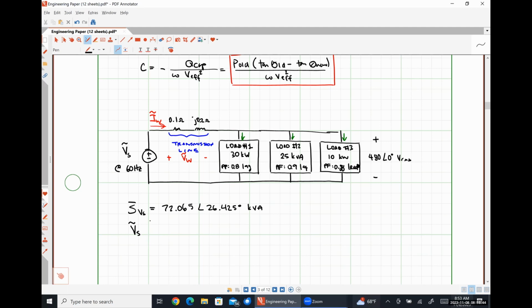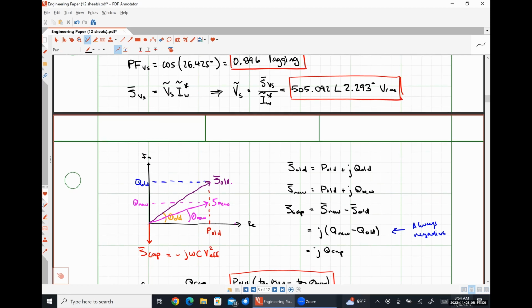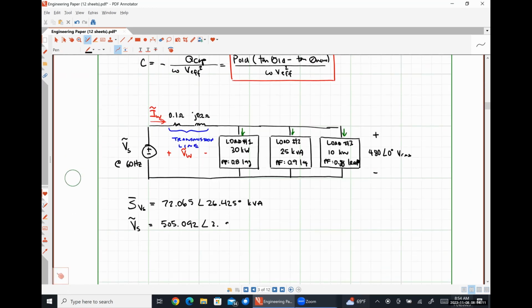And we also found our source voltage to be 505.092 with an angle of 2.293 degrees volts RMS.